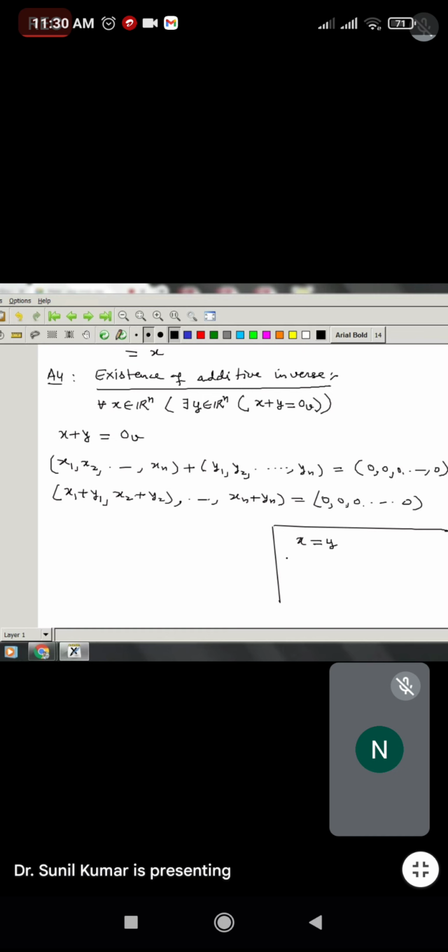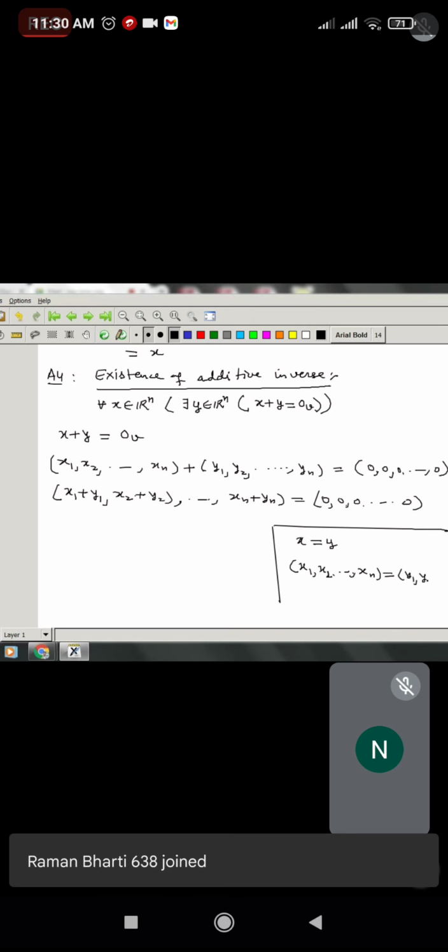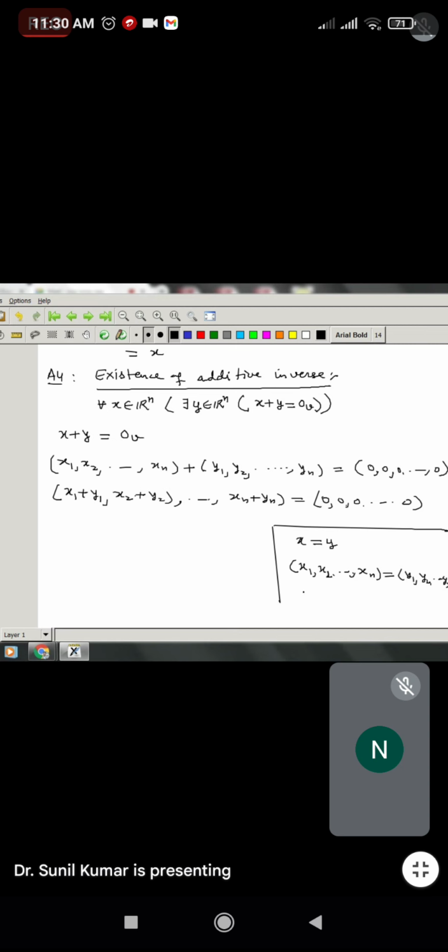Two vectors are equal if and only if, when we say two vectors are equal, x is like x1, x2, xn, that is equal to y1, y2, yn. Two vectors are equal if x1 is equal to y1, x2 is equal to y2, and similarly so on, xn is equal to yn.